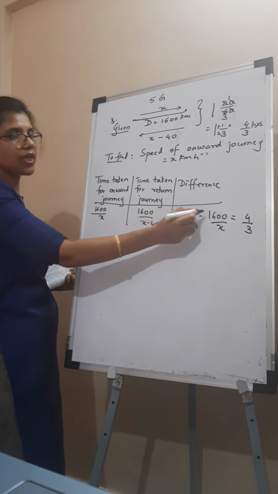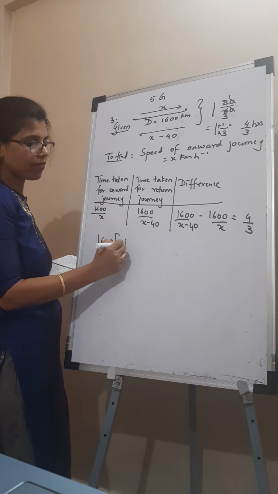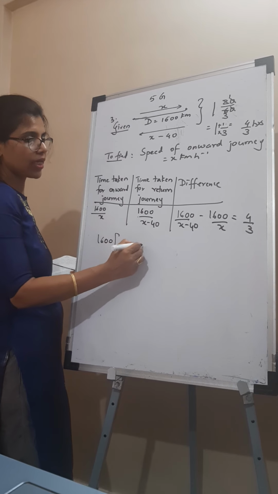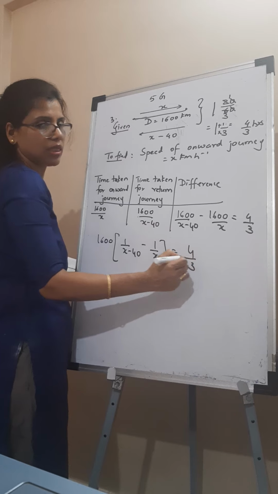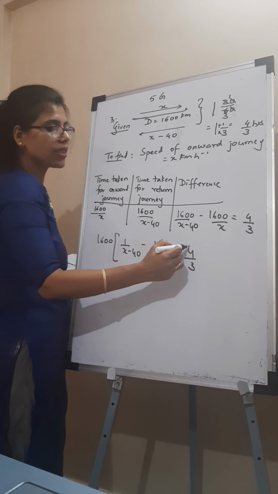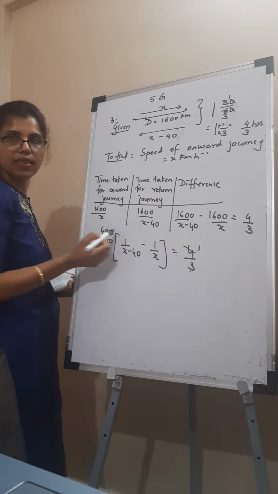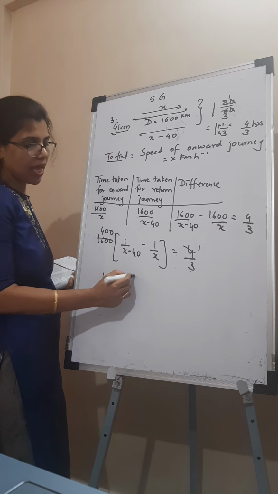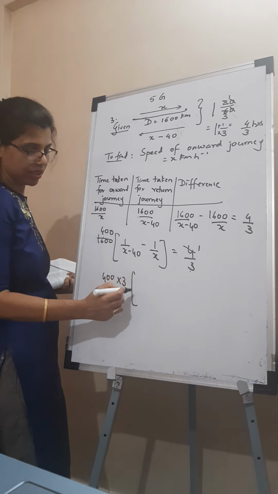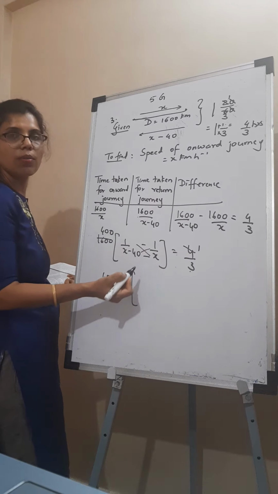Okay. Now you take 1600 outside from this equation and you will get 1 upon x minus 40 minus 1 upon x is equal to 4 upon 3. Now you cut this, 4 ones are 4, 4 fours are 16, 00. You take this 3 over here, you will get 400 into 3, and equate the denominators. So you will multiply this with this and then the denominators with each other.